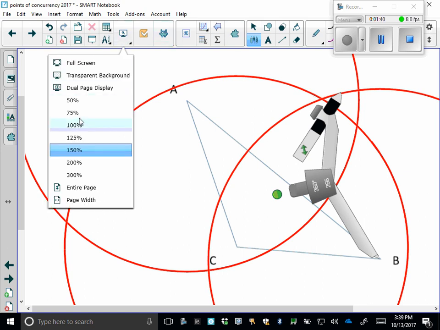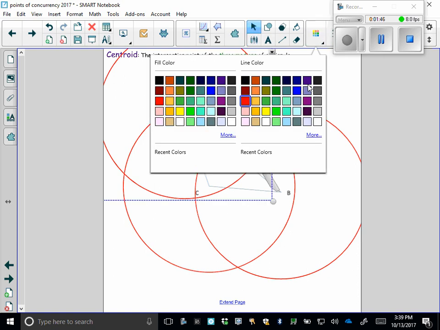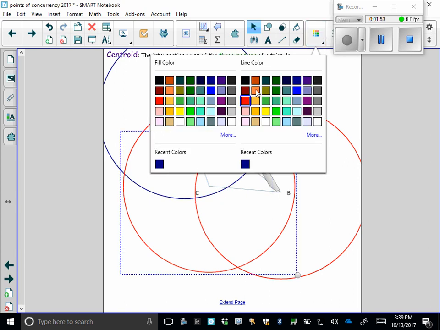So if we zoom out a little bit, let me change the colors here so we can make this one a bluish, this one black, and then we've got a red.